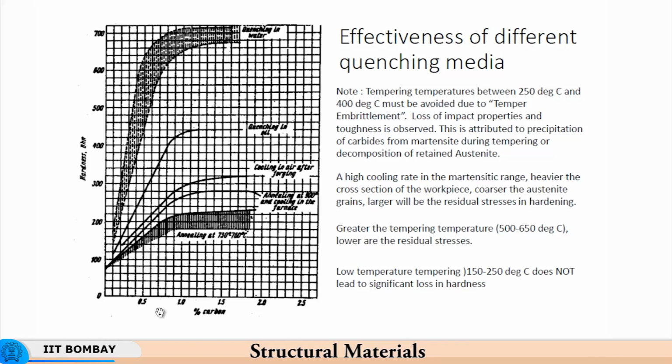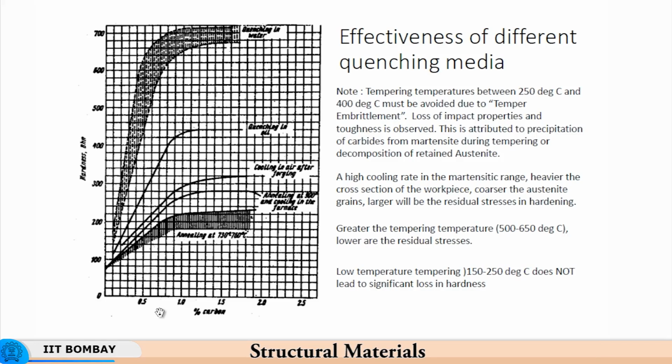You can harden it to about 700 750 BHN, depending on the percentage of carbon. If you have, let us say, 1% carbon, then your hardness can be increased by water quenching to 700. Whereas, if you do oil quenching, the maximum hardness you can get is close to 450 BHN.